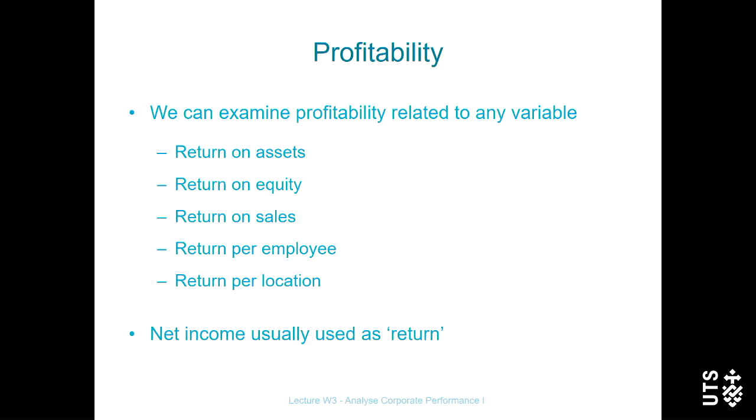So profitability can be related to any variable. And so far we've looked at profitability within the income statement, how many dollars we're getting to shareholders for each dollar of sales. But you can look at return on assets or return on equity.